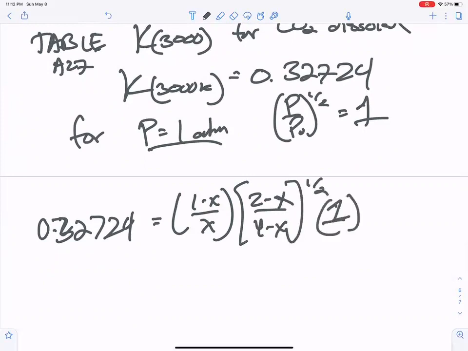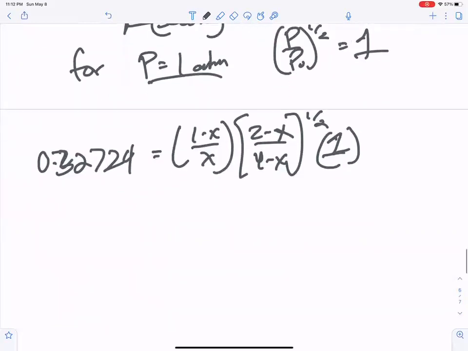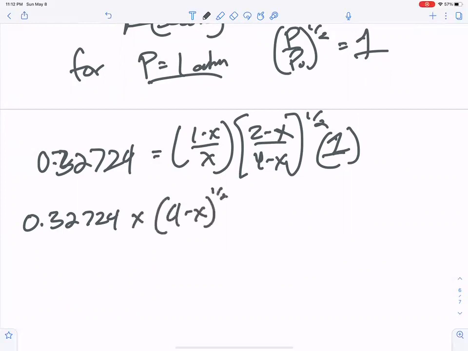If it was a different pressure, there would be an effect there, but it'll affect the final x that we get. This is a pretty nasty nonlinear equation, but we're good with our calculators, or we have some solvers. What I did on Excel pretty quickly was: 0.32724 times x times 4 minus x to the 1/2 equals 1 minus x.